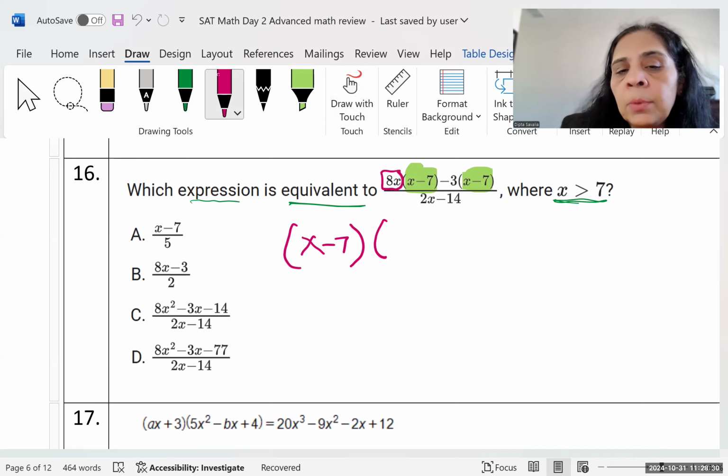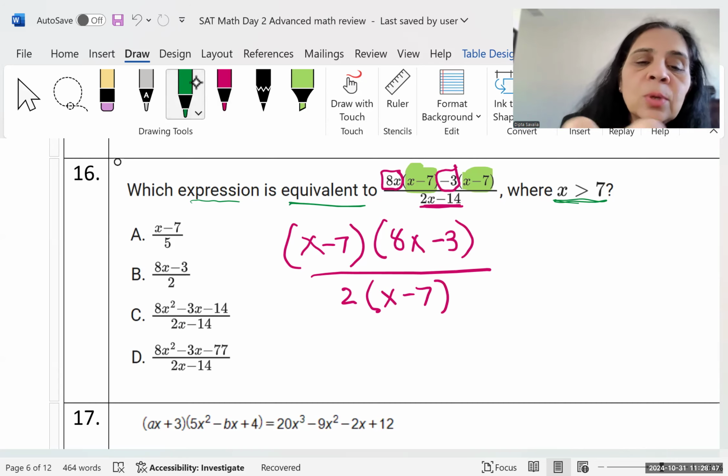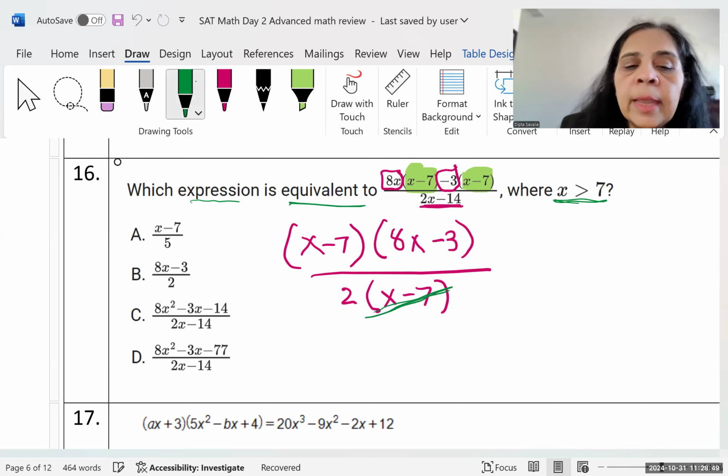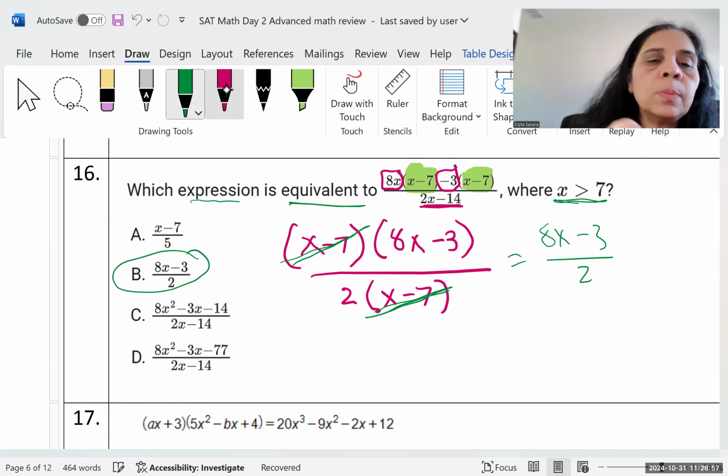Now what is left over? 8x and minus 3. So we can write 8x minus 3 over. We can find a factor again, right? The GCF is 2. So 2 times x minus 7. Now we have fractions, so remember, we can simplify, right? Cancel out the common factor. What is left over is 8x minus 3 over 2, which is answer choice B.